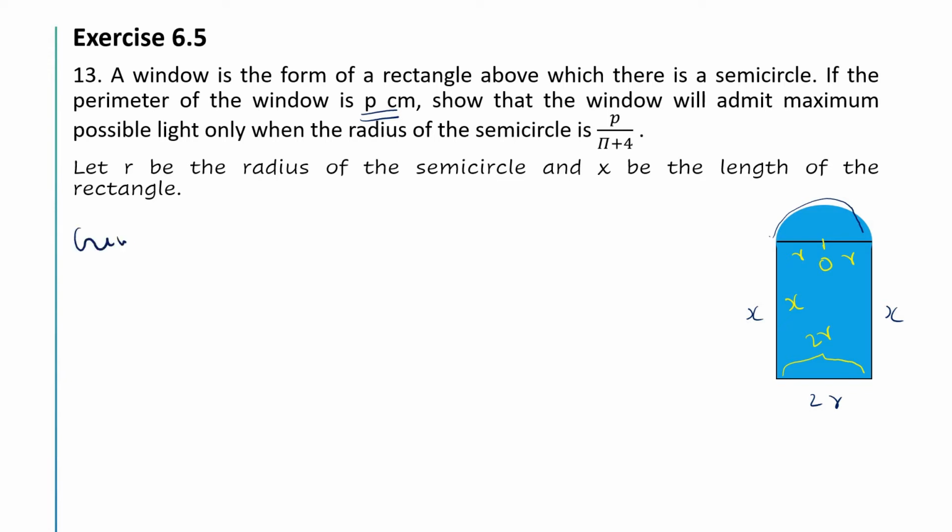So given x plus x plus 2r and the circumference of the semicircle is given by pi r, it is equal to p.